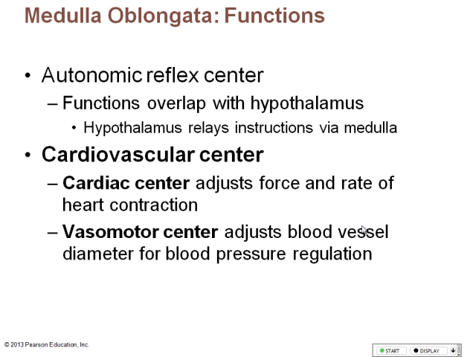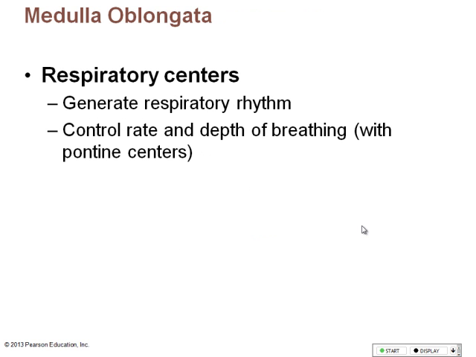We also find functions that overlap in the hypothalamus or with the hypothalamus to relay autonomic reflexes. Respiratory centers. I'm going to need some extra oxygen as well as blood to deliver it when I'm running up to get my hermits. So we find those there in the oblongata as well.